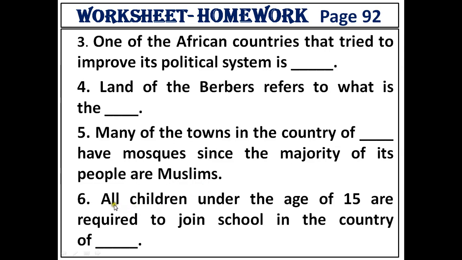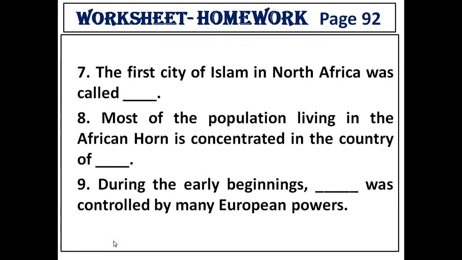The next is: all children under the age of 15 are required to join school in the country of dash. Here you have to write the name of the country. And the next is: the first city of Islam in North Africa was called dash.